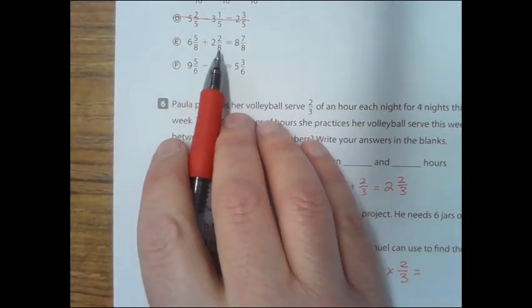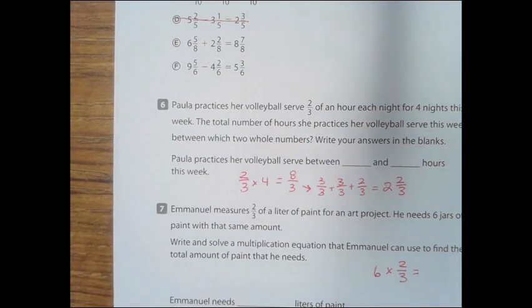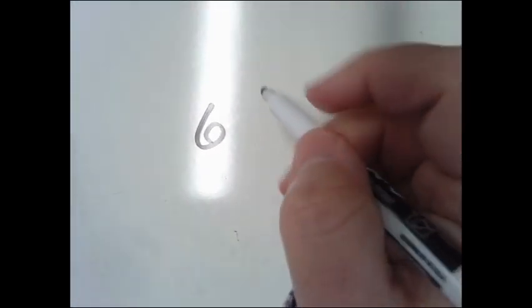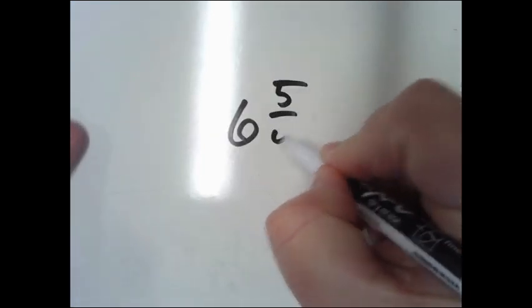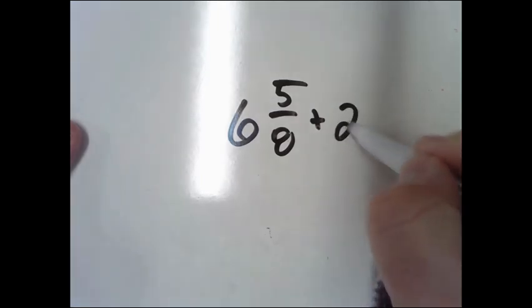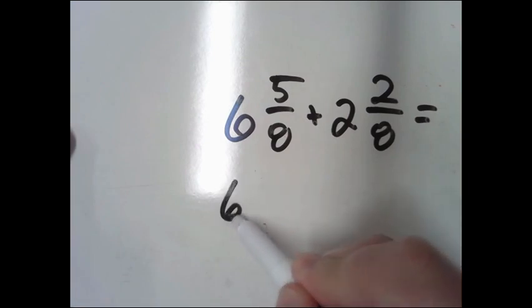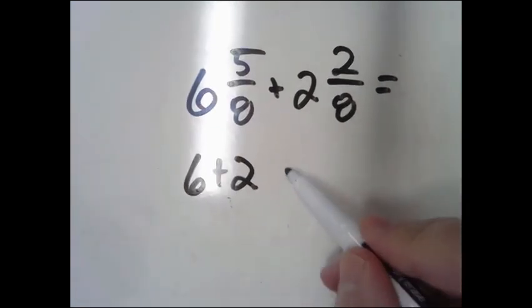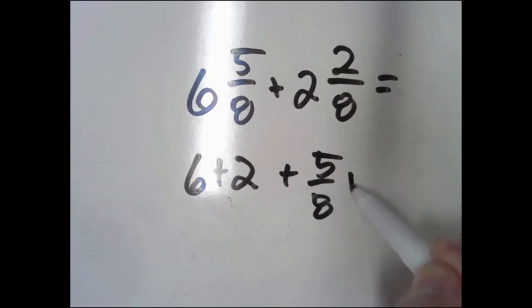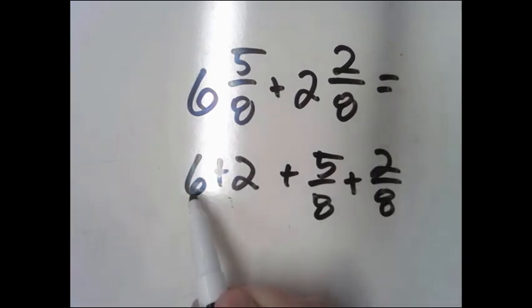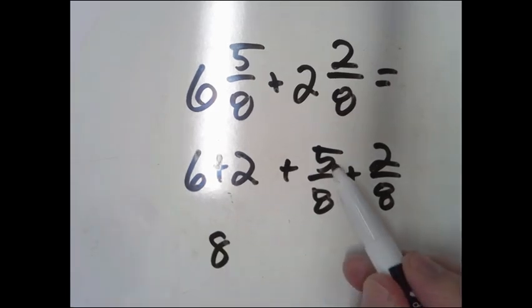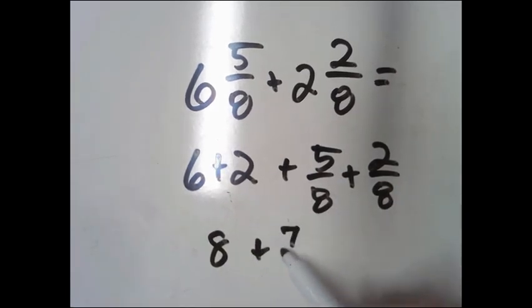Okay. 6 5/8 plus 2 2/8 is 8 7/8. So let's find out. Again, 6 5/8 plus 2 2/8 equals, well, break apart and add. 6 plus 2 plus 5/8 plus 2/8. 6 plus 2 is 8. 5/8 plus 2/8 is 7/8.